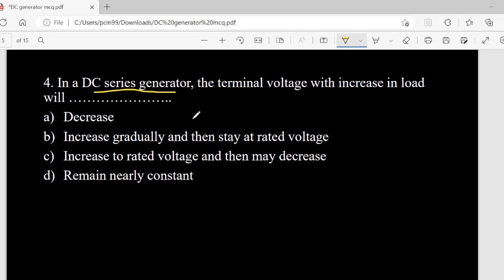In the first case, the voltage will increase to rated voltage, then it may decrease. Why may it decrease? Due to the presence of the series field winding, some voltage drop will occur. The correct answer is option C. Next.